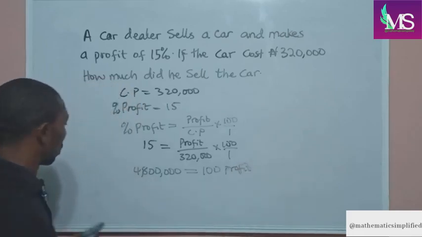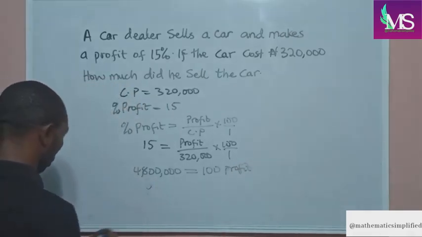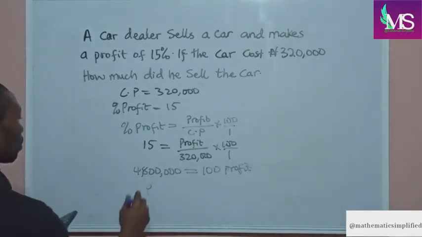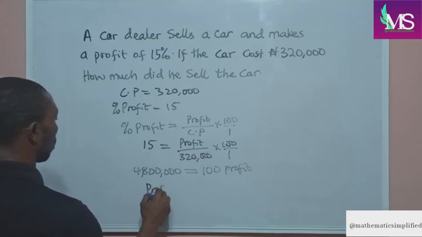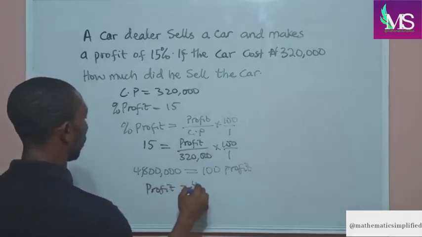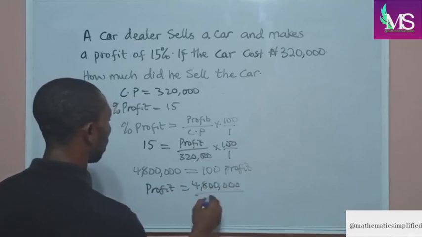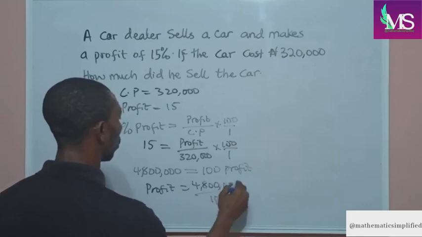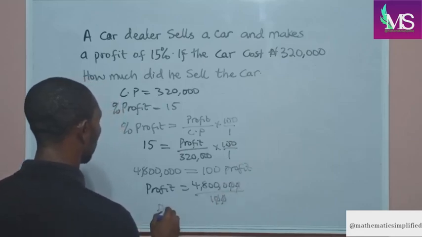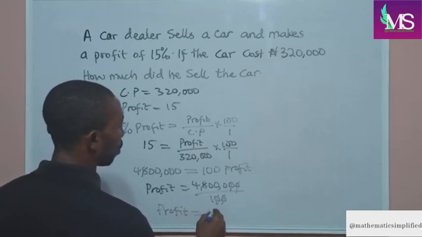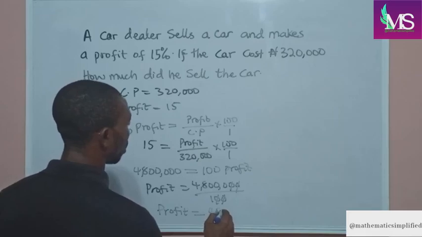So our profit here will become 4.8 over 100. We can cancel. Our profit will be equal to 48,000.